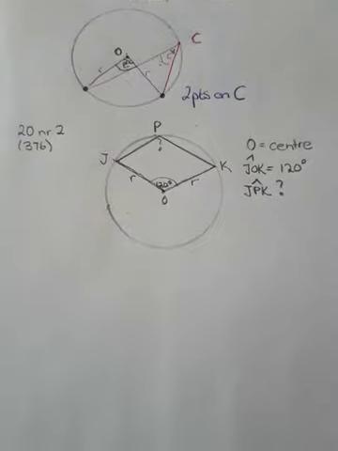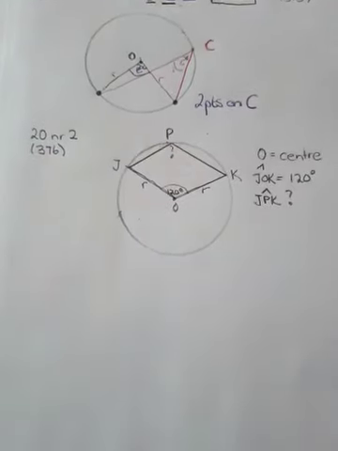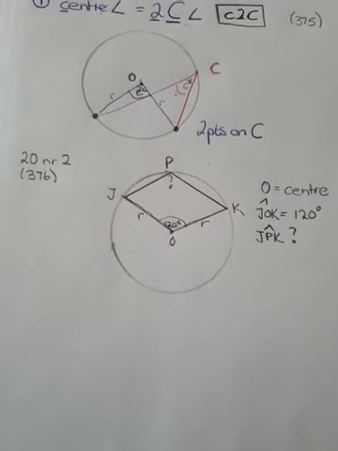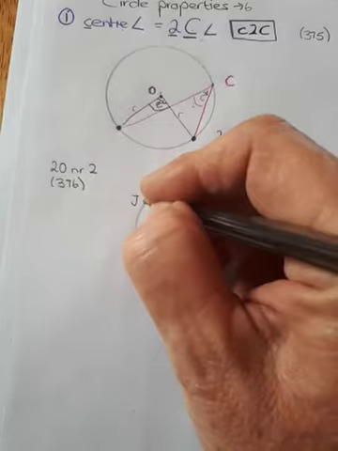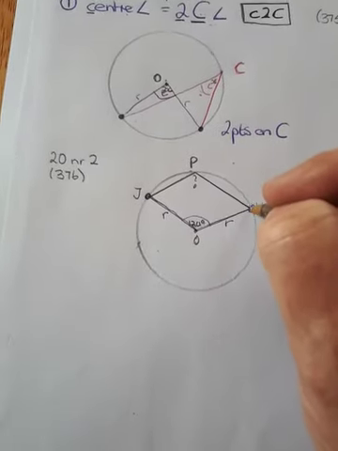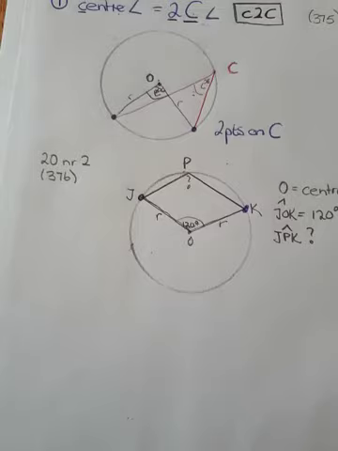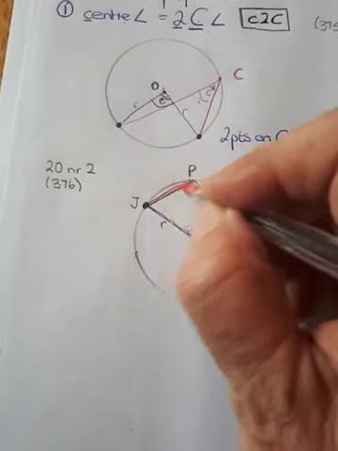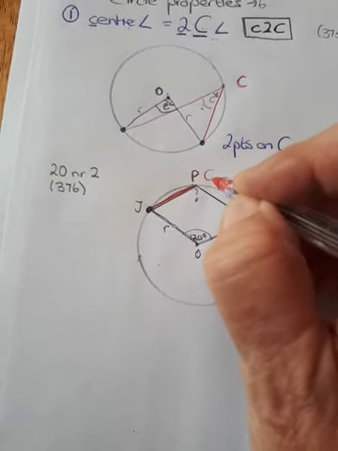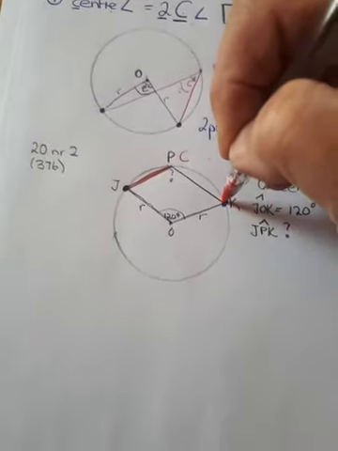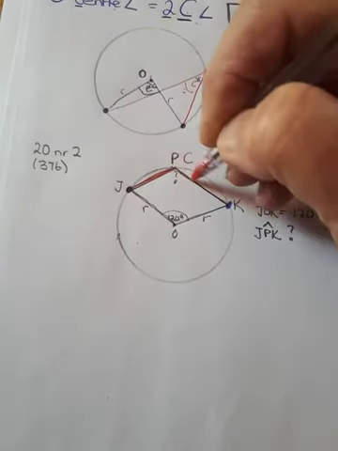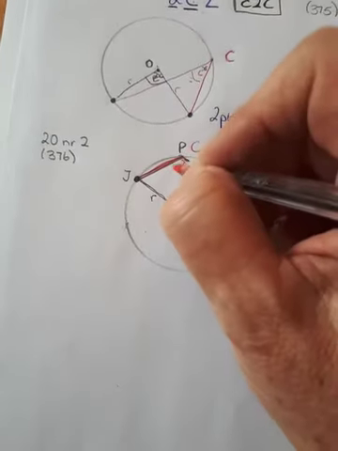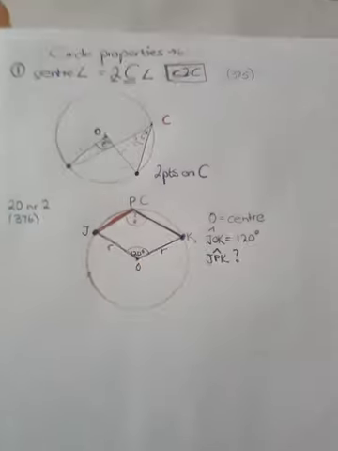Do you agree? It's an angle formed between two radii. Then from my 2 points, which are J and K, I also have a line from J to P, and P lies on the circumference, and from K to P, which is on the circumference. So this one is a circumference angle.